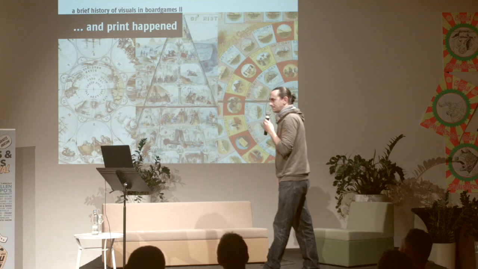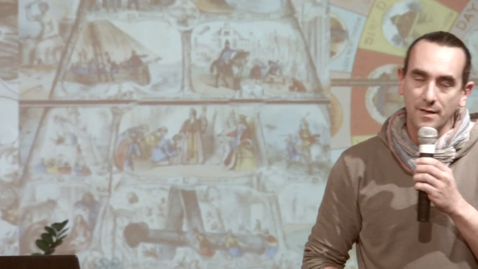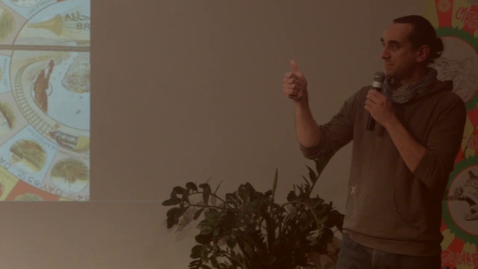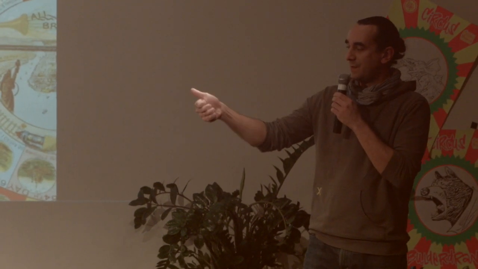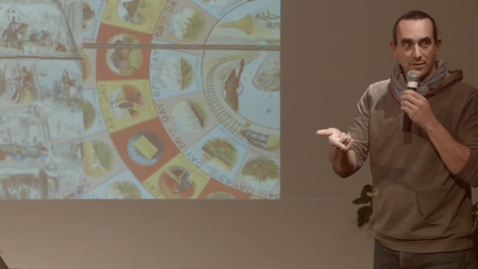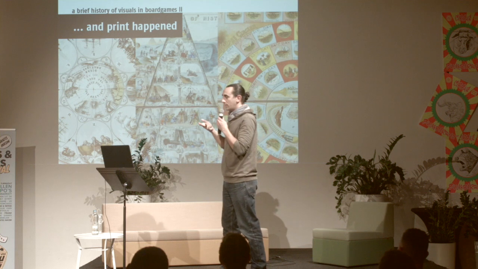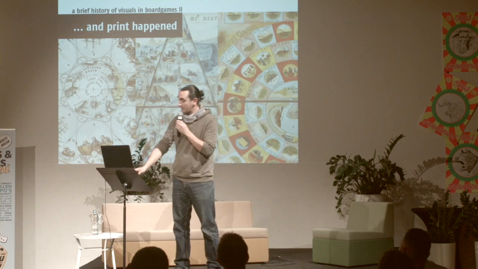But with print it was easy to reproduce, and they started pasting different themes onto those mechanisms. We have those goose games for traveling, for Jules Verne stories. We have them for different countries, different lands, for educating children, whatever.